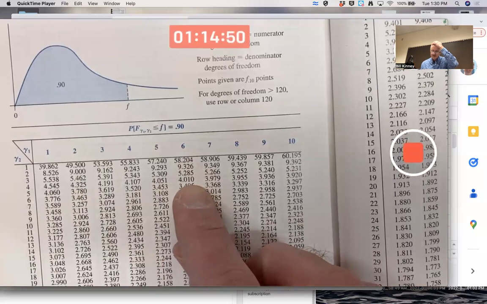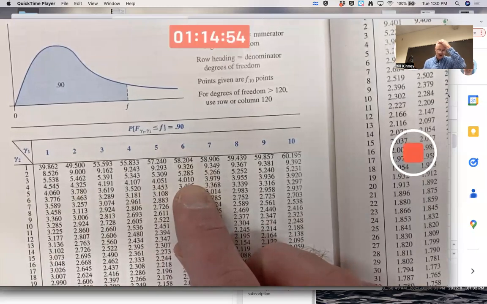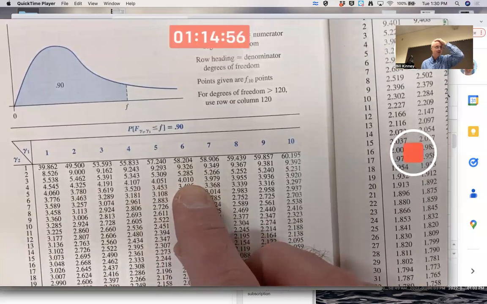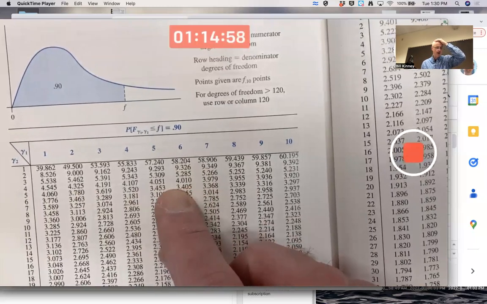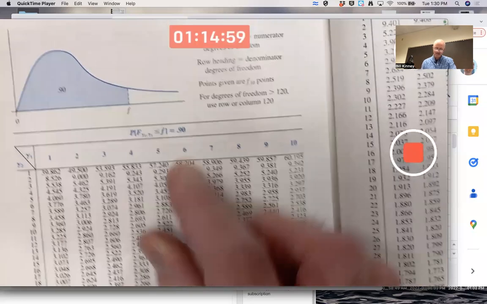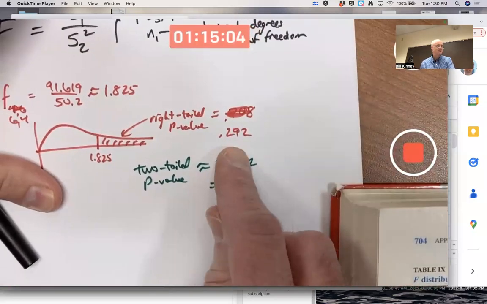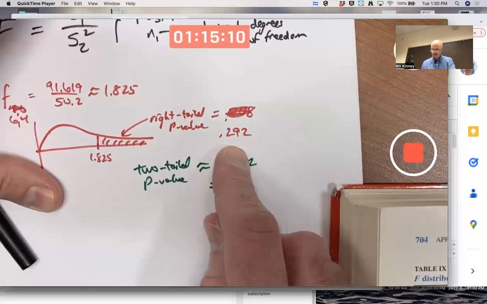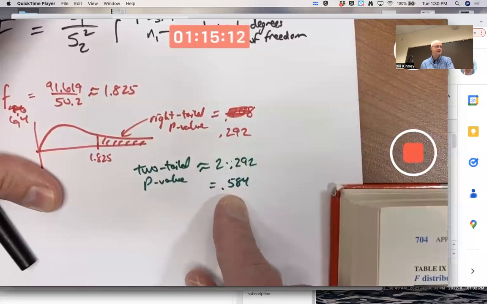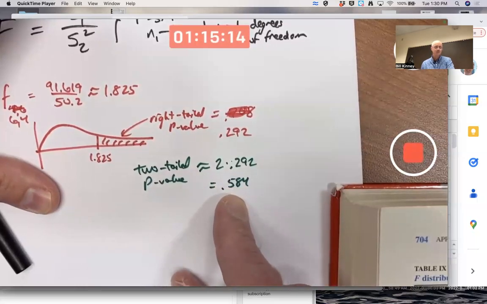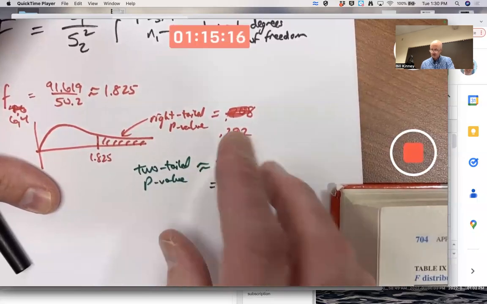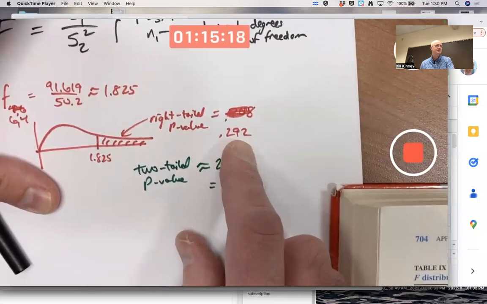That's the number on the horizontal axis where the area to the left is 0.9. Our F statistic was smaller than that, so the area to the left of our F statistic was less than 0.9. Yeah, it was 0.708. Meaning the area to the right is bigger than 0.1. In this case it's 0.584, or 0.292 for the one-tailed.